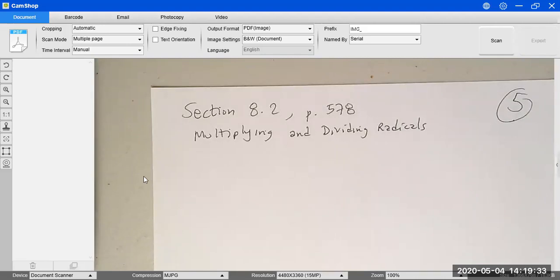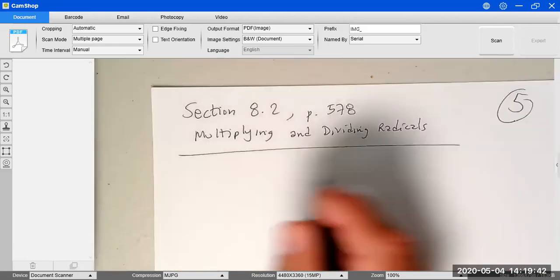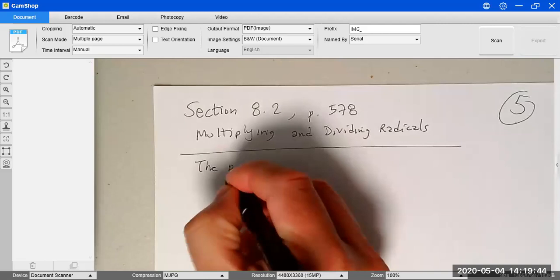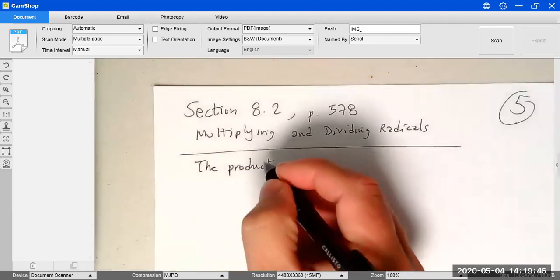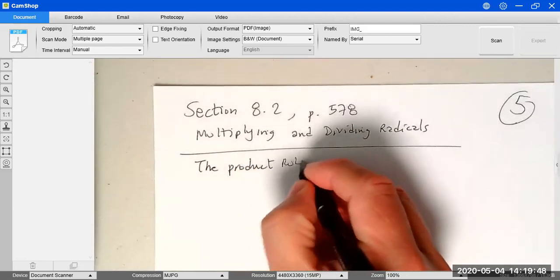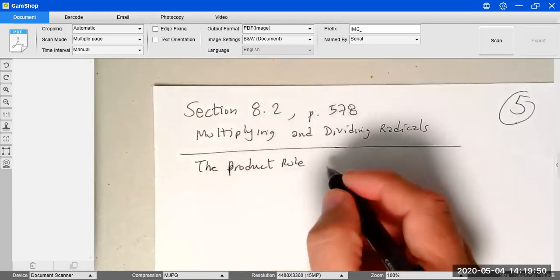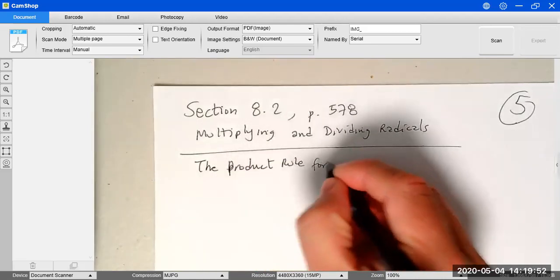For this section, we're gonna use the product rule for square roots.